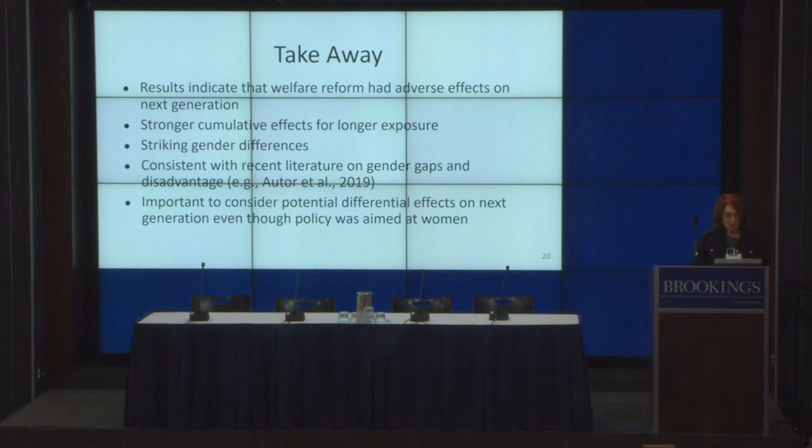And it just shows how important it is to look at the effect of these really important policies, and welfare reform and welfare policies are still in effect today. To only look at females would really be missing the full picture.